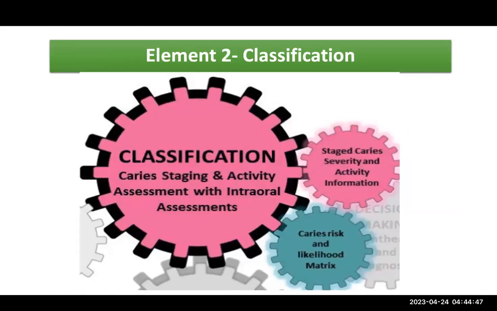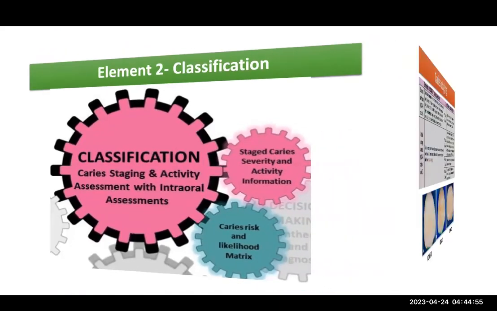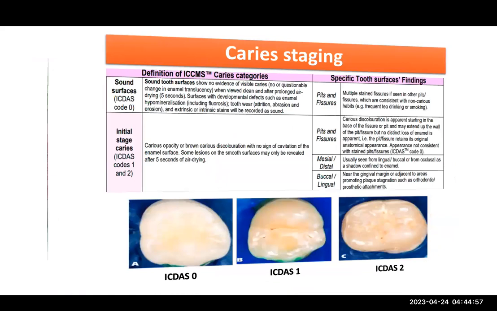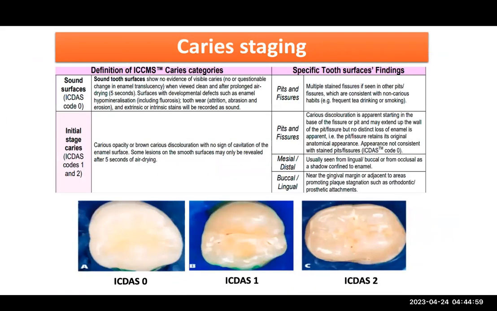The second element for identification is the classification of caries, staging and activity assessment. Then these are simple examples of ICDAS 0, 1, and 2 score, how to score them.